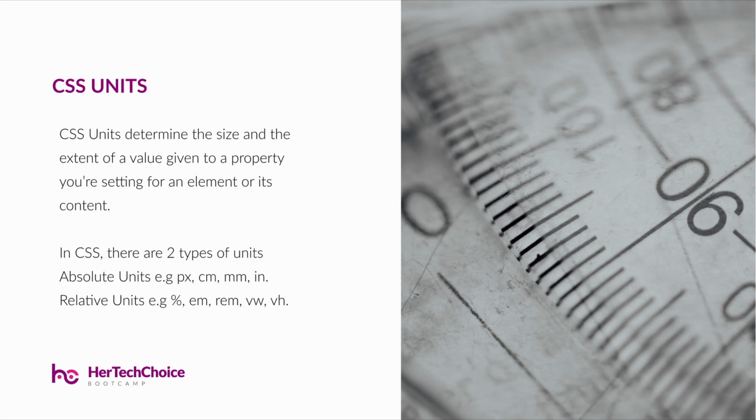If you give a particular width 20 pixels, the type of unit that you give that value is what determines the extent of the property. If we decide to change the unit from pixel to percentage, there will be a change in the size of the property we're trying to target.